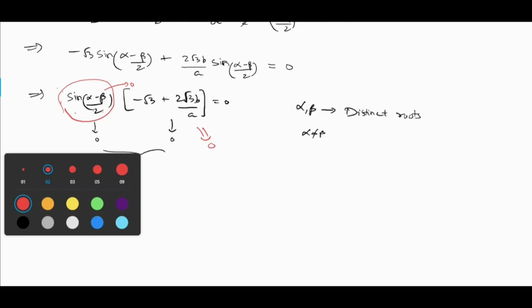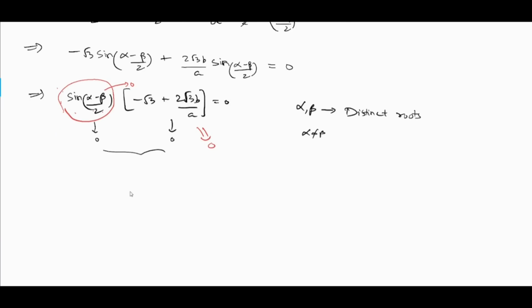That gets us to the point that minus root 3 plus 2 root 3 b by a is equal to 0. If we solve this, we find that b by a is 1 by 2. And there we go, that is our solution.